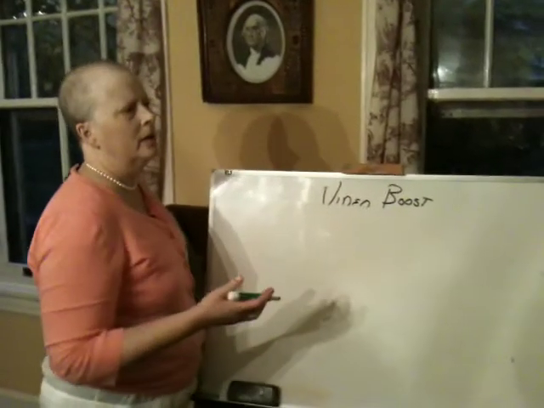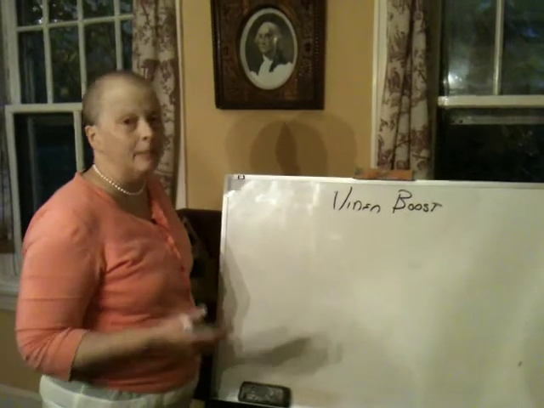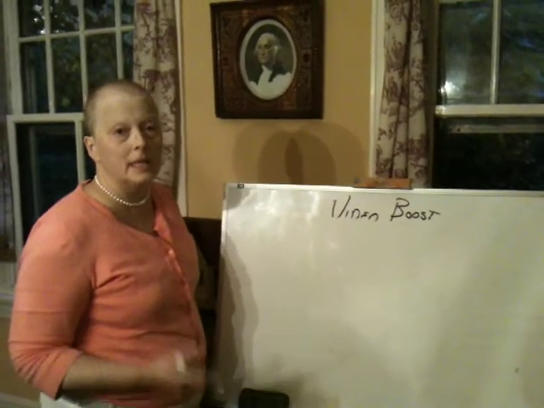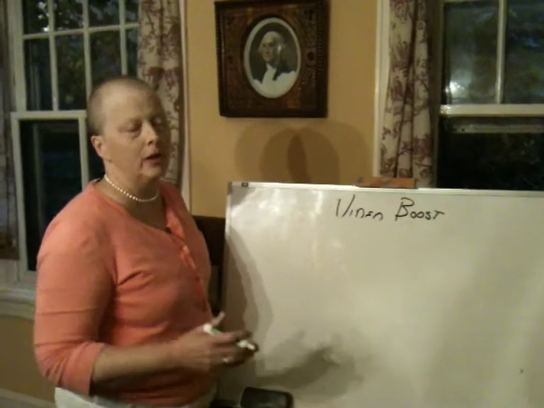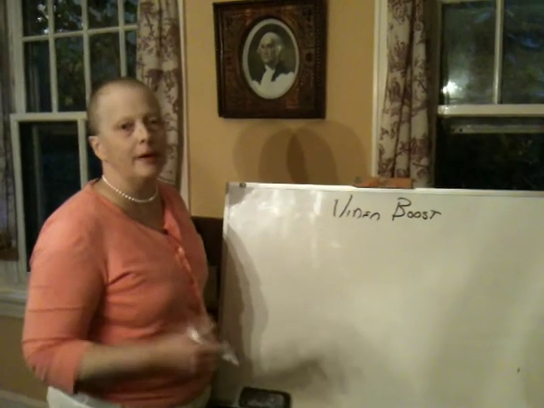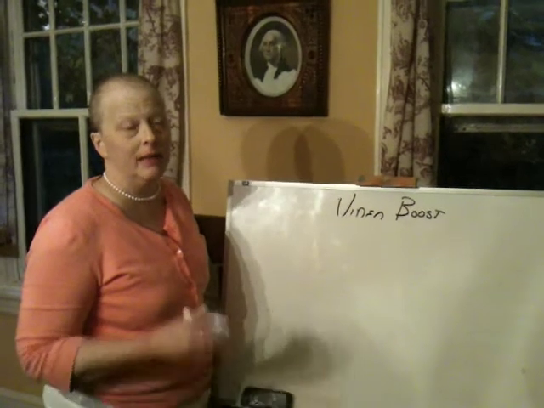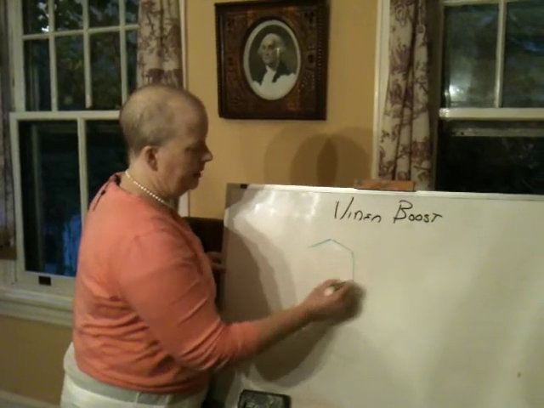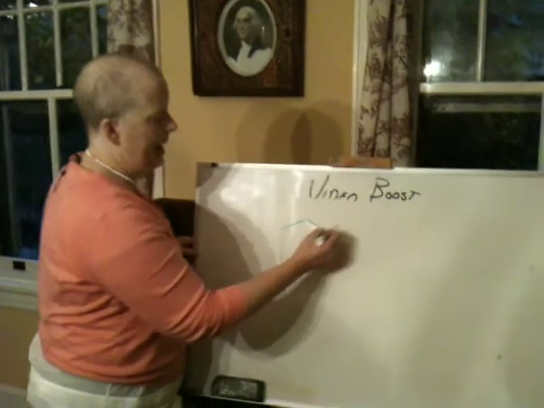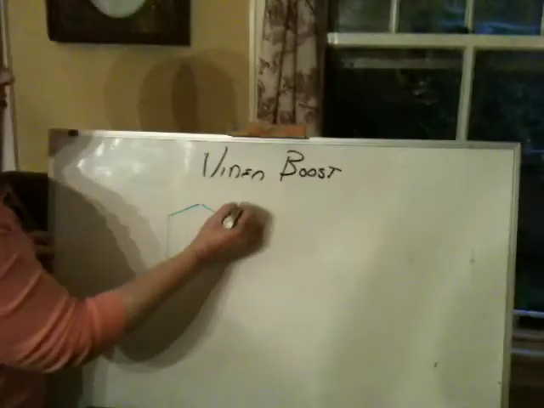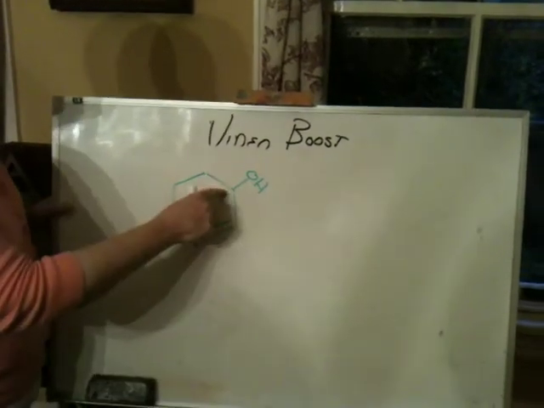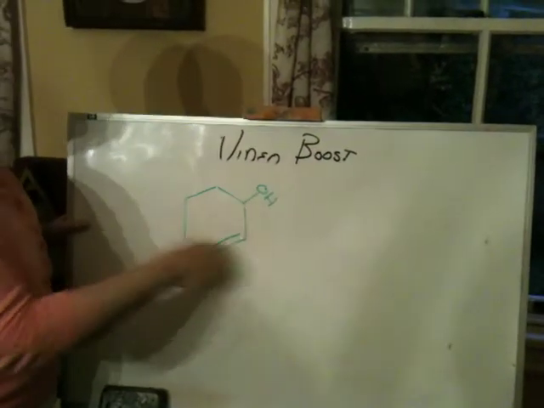So first of all, the only time you do not use that number 1 is really when you have one high priority group in a ring. That's the only time. So, for example, in a molecule like this, if I have an OH and a double bond, this is the principal group, so the name is based on that.